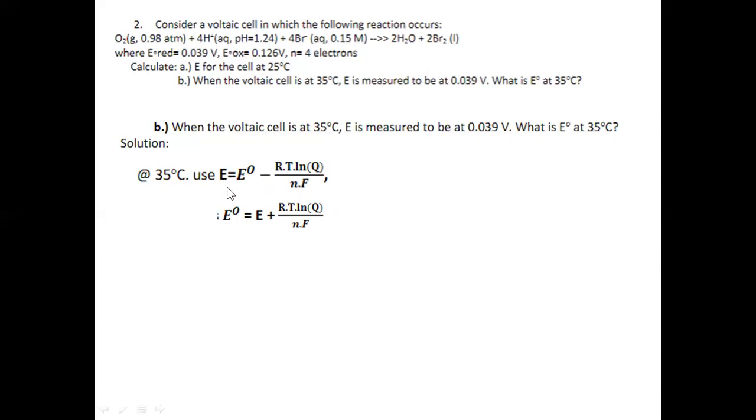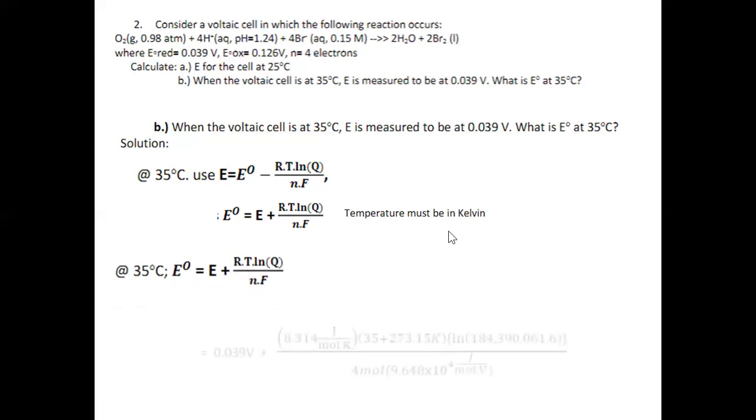So it becomes E plus RT natural logarithm of Q all over N times F. So the temperature must be in Kelvin.